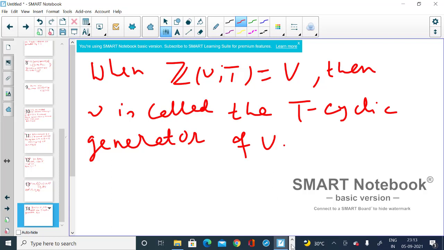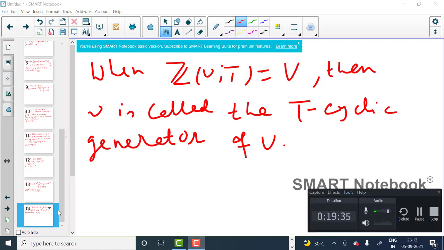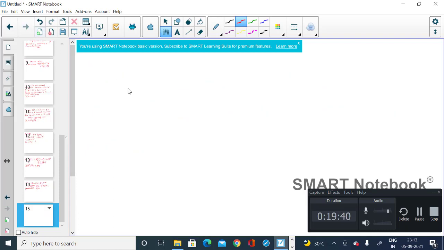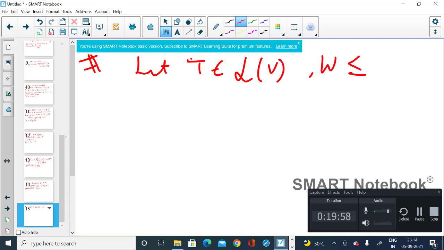Now, the natural question one can ask is this. First let me define it. Suppose T belongs to the operators on V, and W is a subspace of V which is T-invariant.